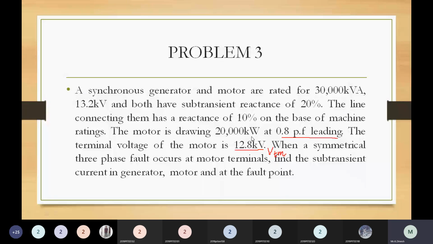Our intention is to bring out all the currents, actual current as well as per unit current. That is the main intention of this problem: to find the fault current, generator current, and motor current at the faulted condition. So the question is clear to you.